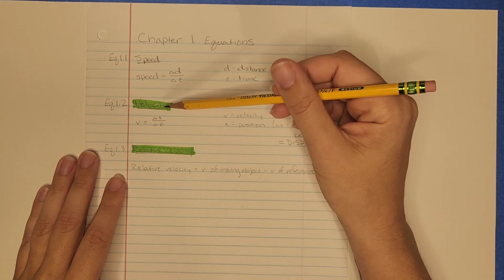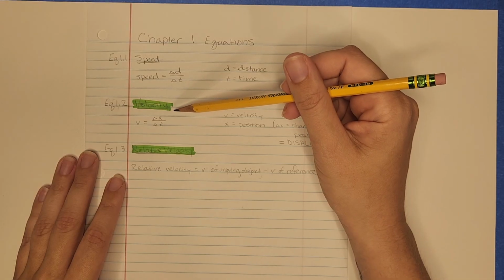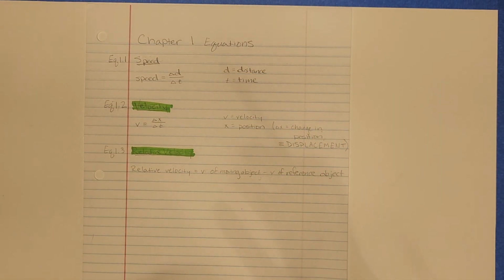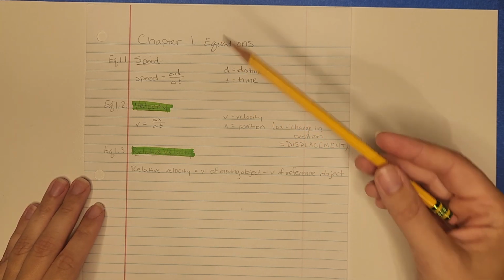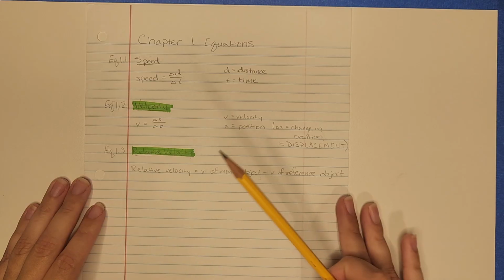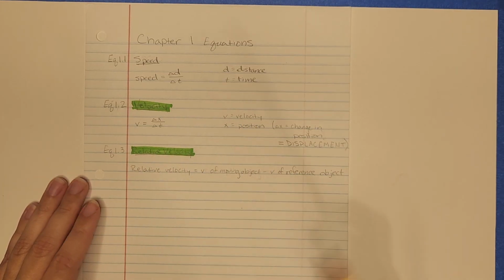I've also highlighted the word velocity because the book tells me that it is a special type of quantity. It is a vector quantity, which means that you have to have a directionality associated with it. Then I did the same thing with the relative velocity.